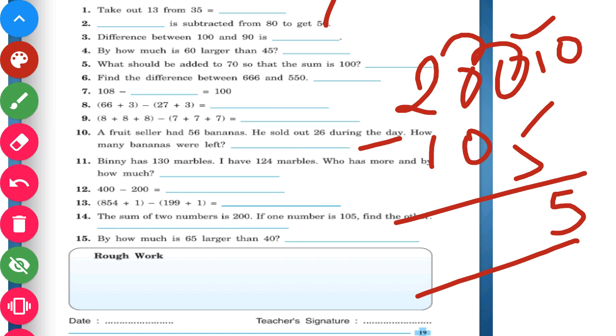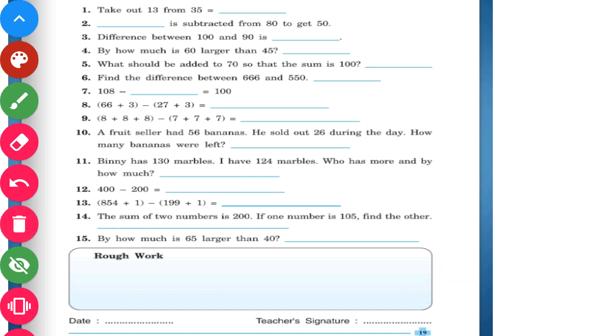So 9 minus 0 will be 9 and this 2 will become 1 and 1 minus 1 will be 0. 95.